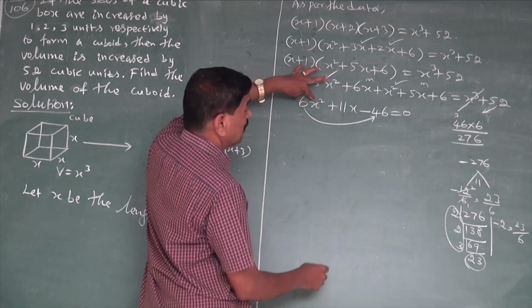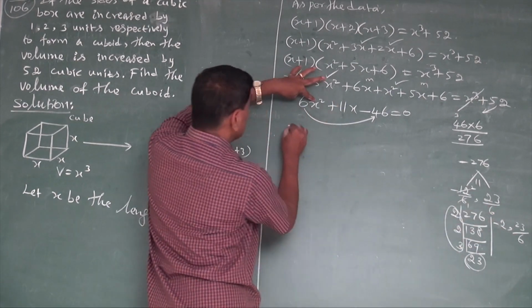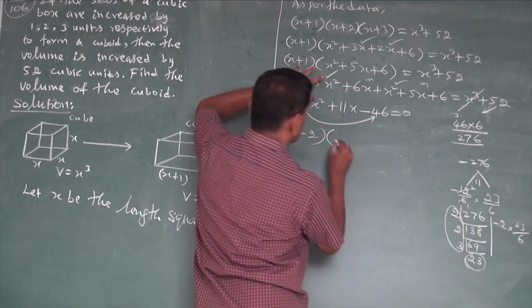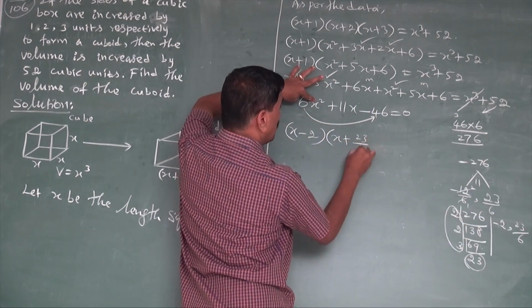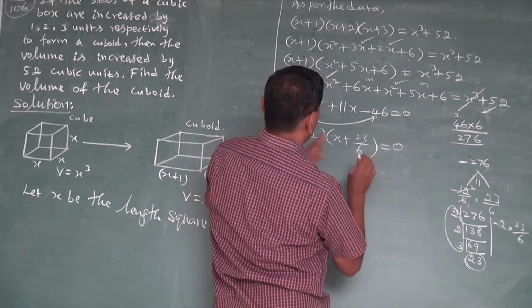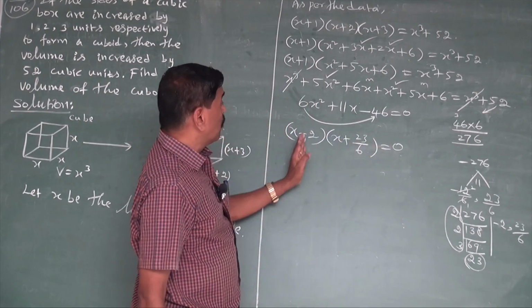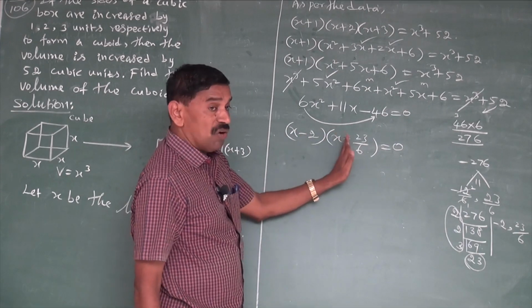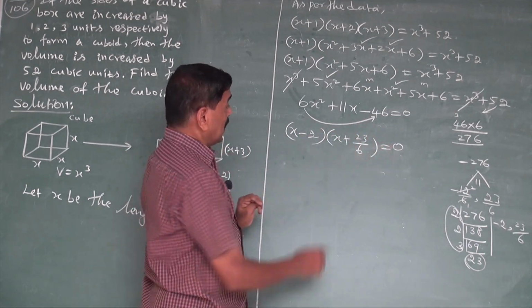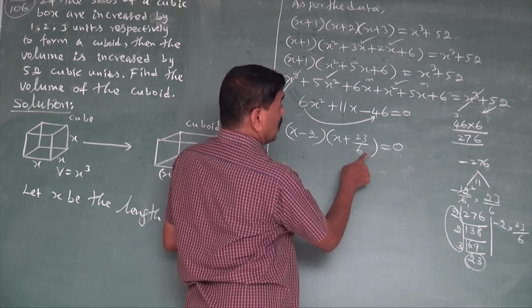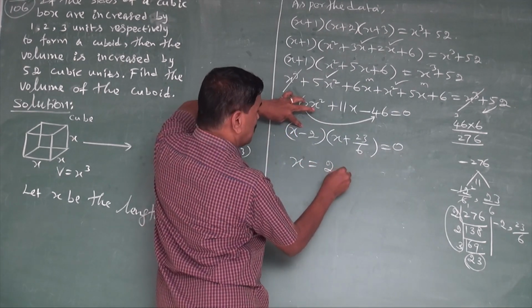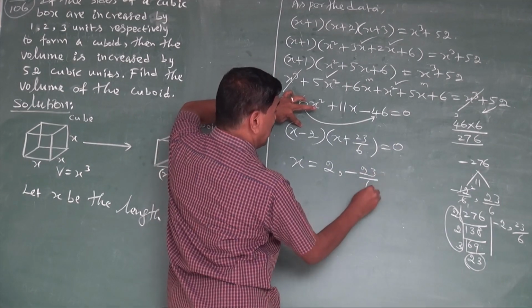Here x is a variable, so x minus 2 is a factor into x plus 23 by 6, which is equal to 0. The product of the two factors is 0, which means either the first equals 0 or the second equals 0. Minus 2 goes to the right and becomes plus 2, and plus goes to the right as minus. That is x equal to 2 comma minus 23 by 6.